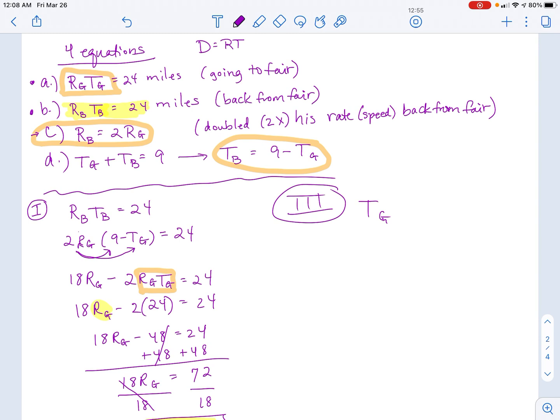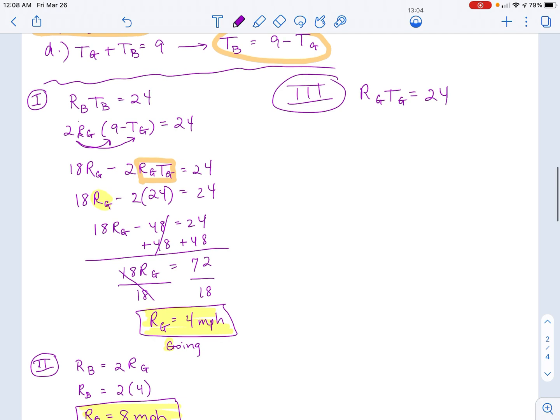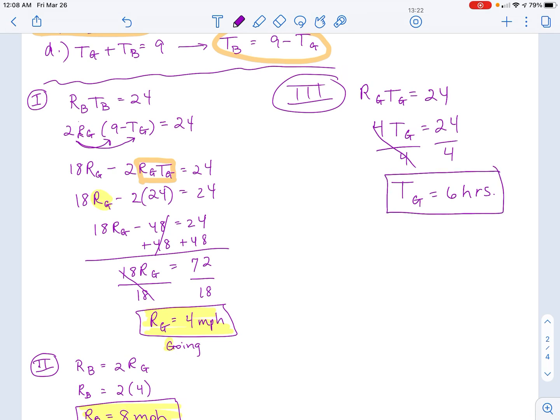We can use RG/TG. Let's write that one. That's equation A. RG/TG is equal to 24. Because now I can substitute in RG was 4. TG is what we're going to solve for here. The time going equals 24. So we're going to divide by 4. The time it took him to go to the fair was 6 hours.